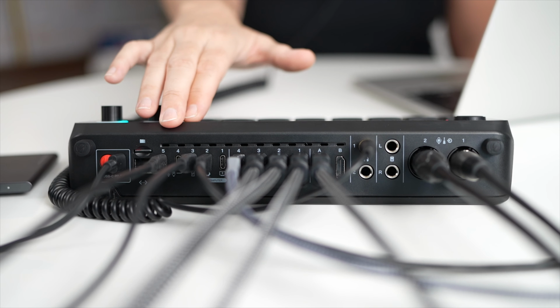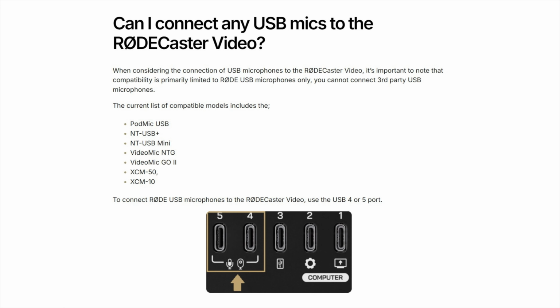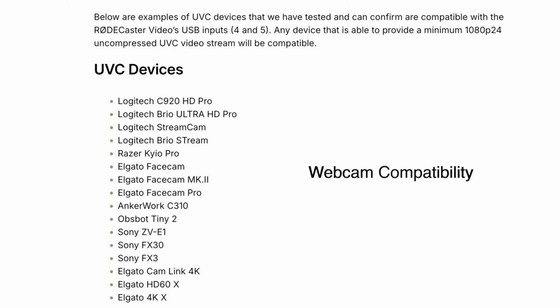Okay, something I do want to point out about anything that you attach to these USB-C ports is they have to be compatible with Rodecaster Video. On Rode's website, there is a list of compatible webcams and USB-C microphones. I don't own one of the compatible microphones. Rode, if you're listening, this is a little proprietary.